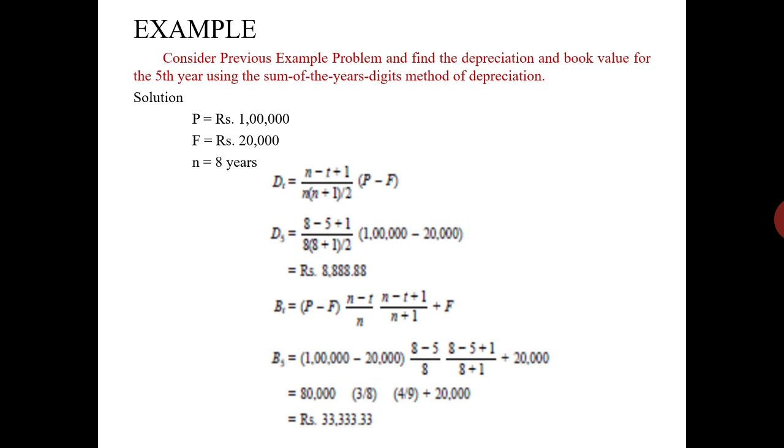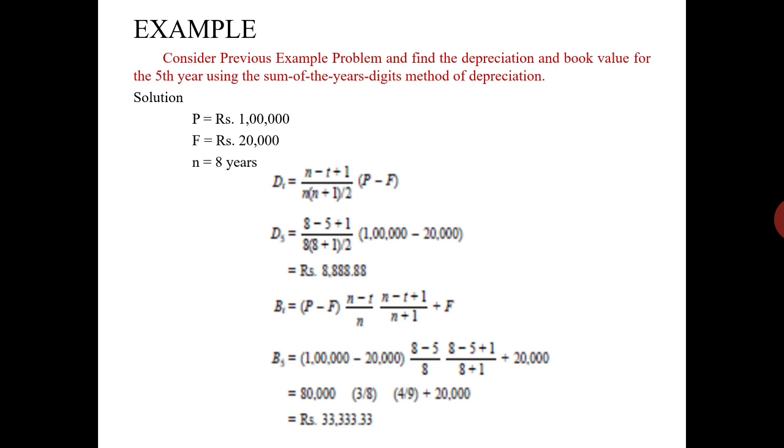The formula used to calculate the depreciation value is mentioned in the slide: dt equal to n minus t plus 1 divided by n into n plus 1 divided by 2, into p minus f. Substituting the suitable values, we get the fifth year depreciation value as 8,888.88. The book value formula is also in the slide: bt equal to p minus f, into n minus t divided by n into n minus t plus 1 divided by n plus 1, plus f.